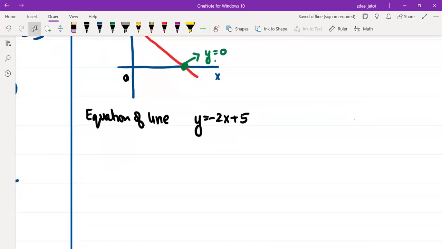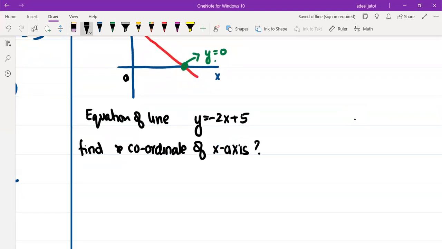And the examiner tells you, find the coordinate of the x-axis. This will be what the examiner would ask, or the examiner can ask you, find the coordinate of the y-axis.